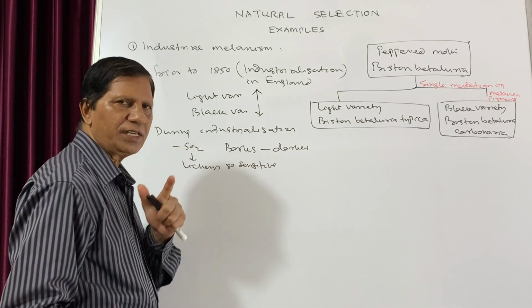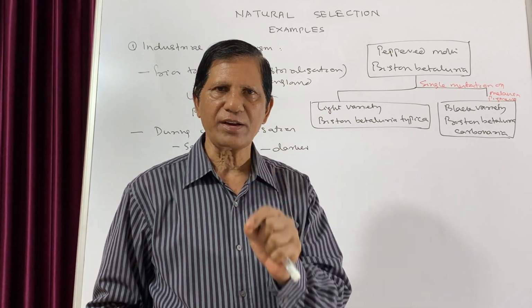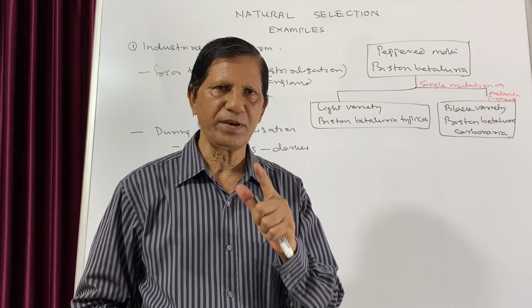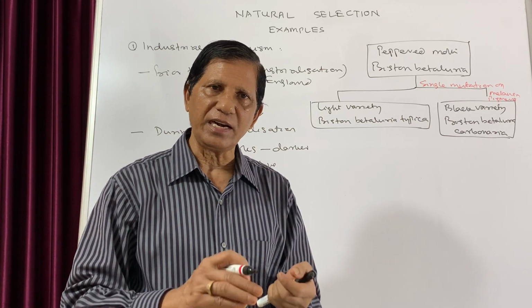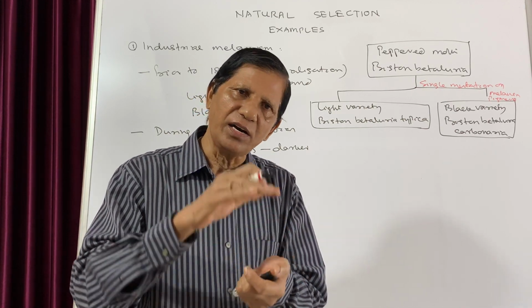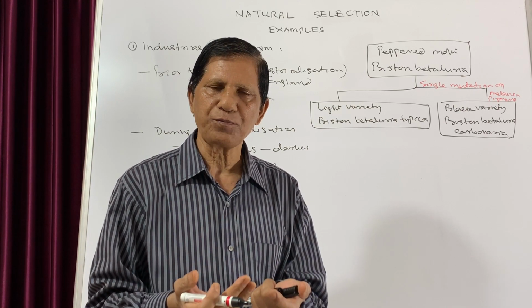That means two things happened. Due to the release of sulfur dioxide, the lichens were destroyed because they are very sensitive to it. On the other hand, the smoke and soot were deposited on the already dark barks, so that they became even darker.